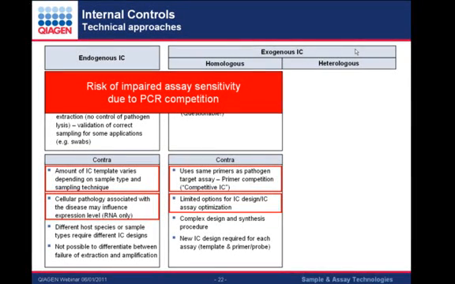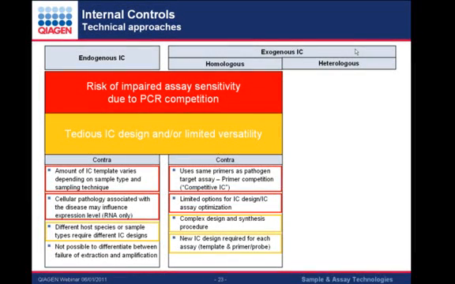So both endogenous and exogenous homologous ICs carry the risk of impairing detection sensitivity for the pathogen target due to competition for reaction components, either because of varying amounts of starting template or due to primer competition in case of the homologous IC.